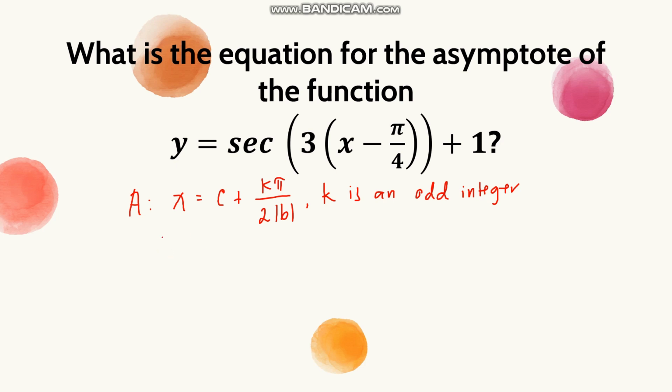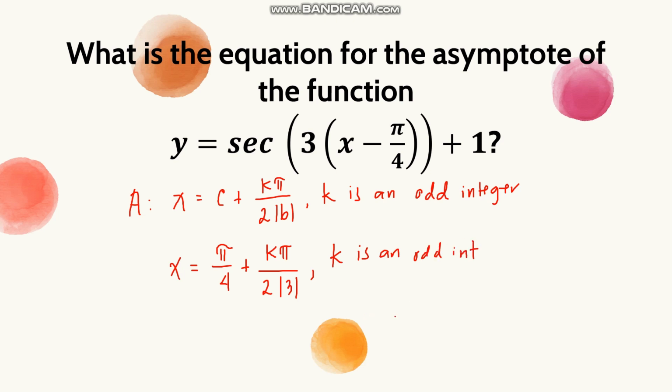What we will do here is just substitute. So we have x equals, then c is pi over 4, plus k, and then pi over 2 absolute value of b. Our b is 3, and k is an odd integer.